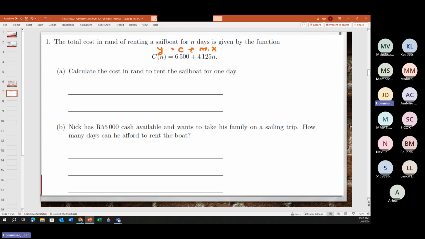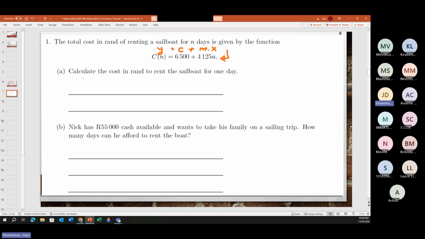They will always try to make it practical and link it back to one of the other subjects that you are also doing. So total cost in rand of renting a sailboat for n days is given by this function.